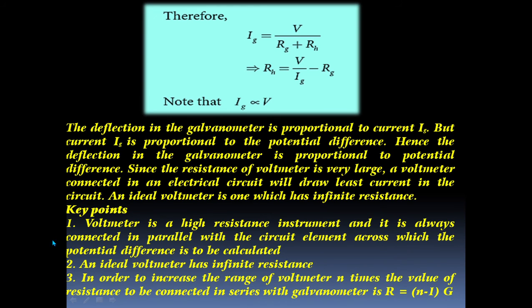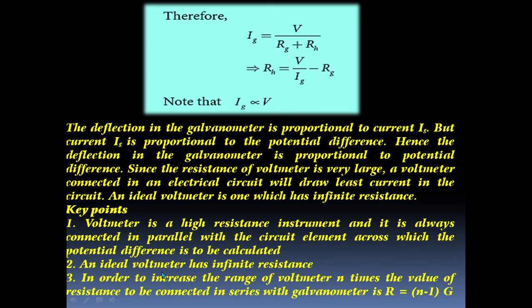So once again, the key points. First, a voltmeter is a high resistance instrument and it is always connected in parallel with the circuit element across which the potential difference is to be calculated. Then, an ideal voltmeter has infinite resistance.